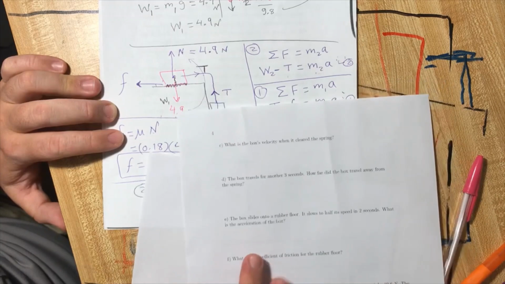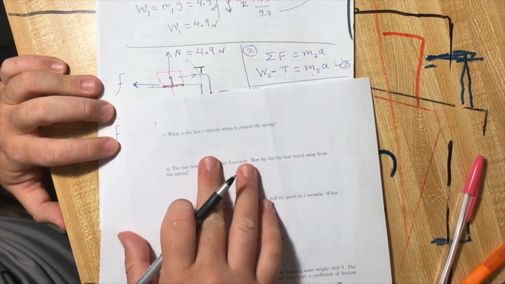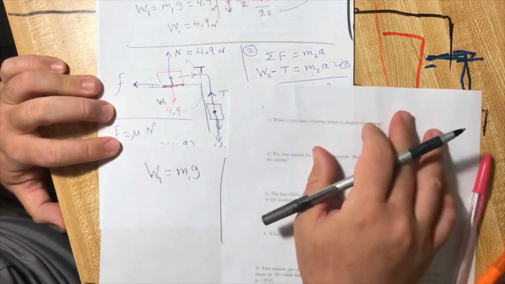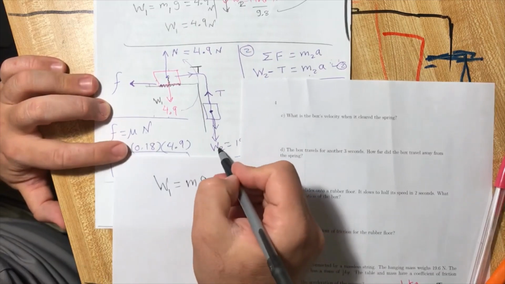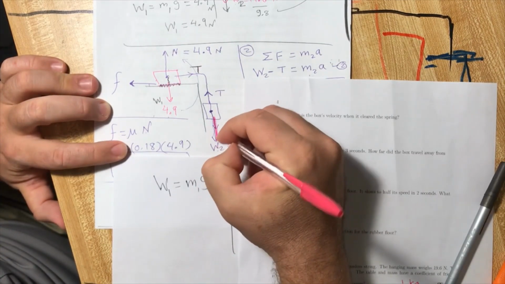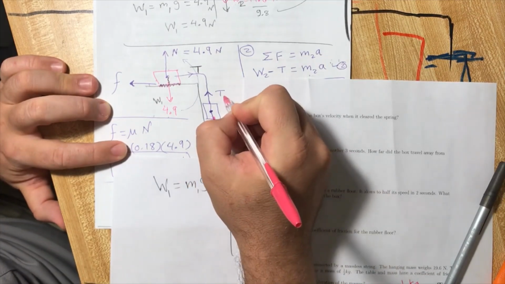Now we need to find the acceleration for the second object and for the first object. For the second object, we have the weight downward in this direction, and we have the tension.